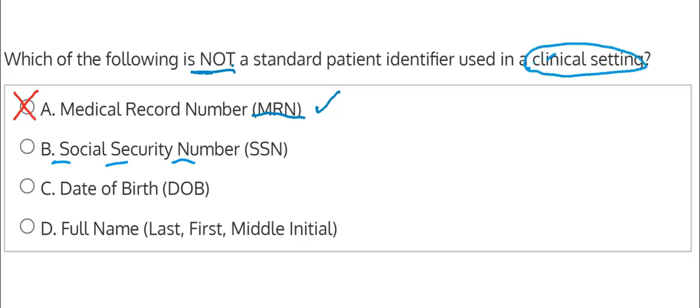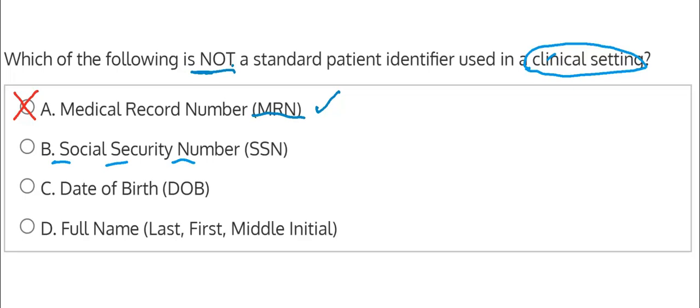And often when we ask a patient for information, such as what's your name, what's your birthday, it's stated out loud, and it's not considered appropriate to be stating your social security number out loud in the setting. It's a very private number that we shouldn't really be openly discussing in the clinical setting. So in this particular case, no, that is not commonly used as a standard patient identifier.